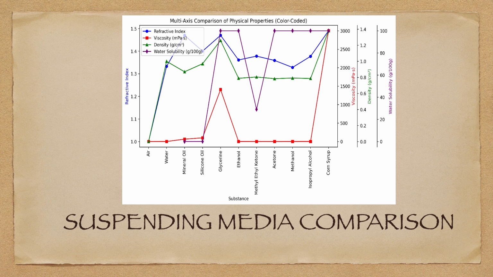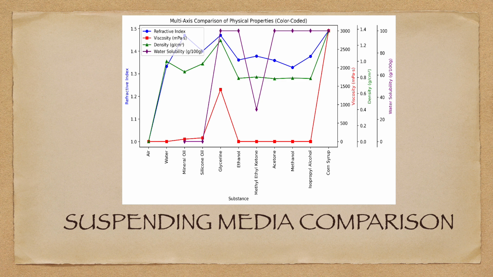This, I apologize, is a complicated slide comparing the characteristics of the suspending media. In the bright blue, that delineates the refractive index. So air is the first item on the list, and that is commonly the reference point for many of these measurements.